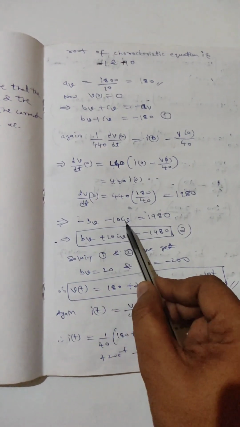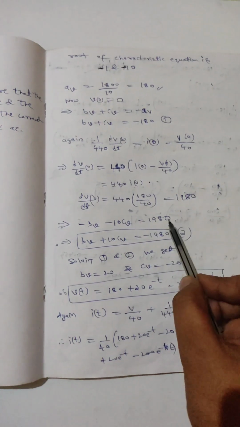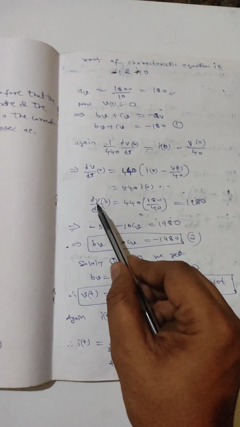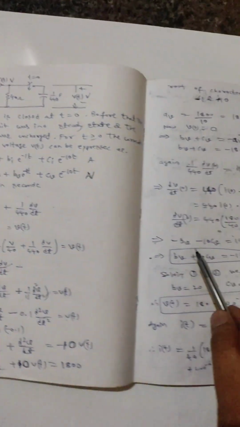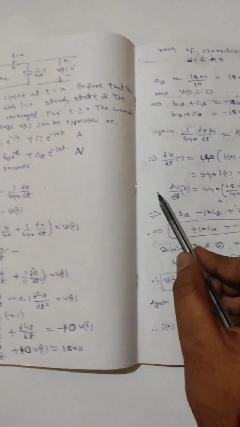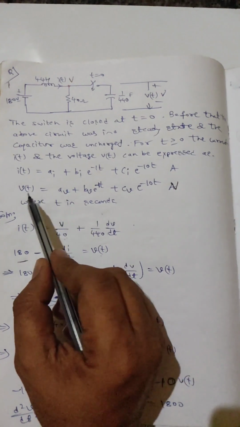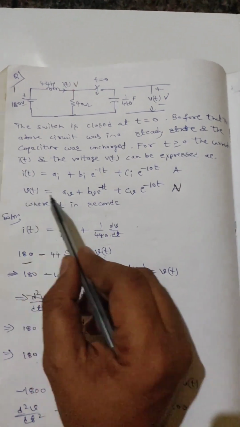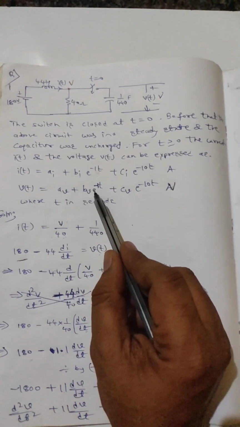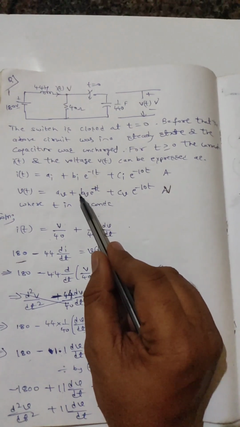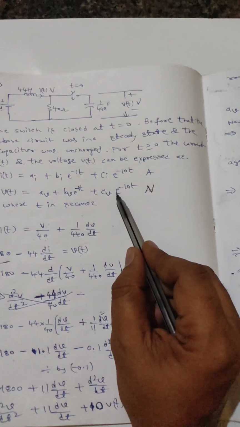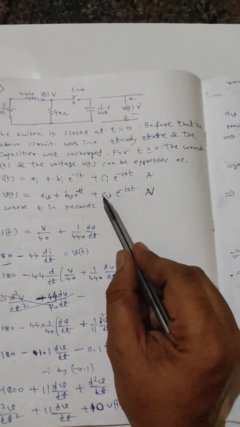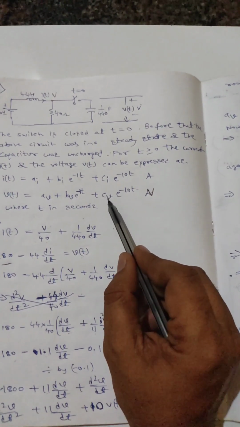That is important. dV of 0 by dt is 1980, which means we need to differentiate the voltage equation with respect to time. Whatever equation is given in the question, V of t, dV by dt. If I differentiate, the constant is 0. So e power minus t gives minus, and this becomes minus BV. And e to the power of minus 10t, you will get minus 10 CV.